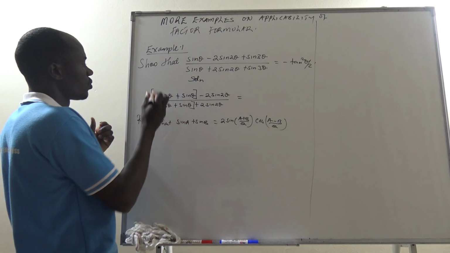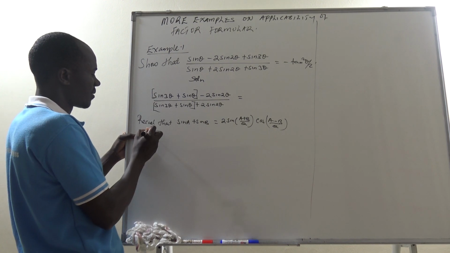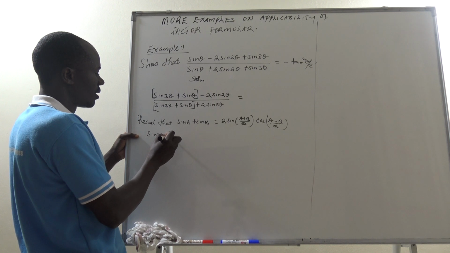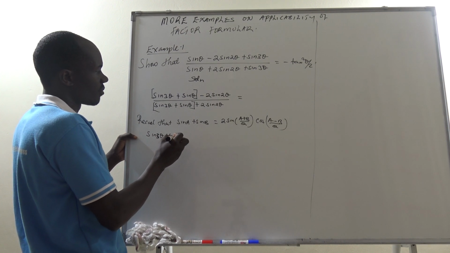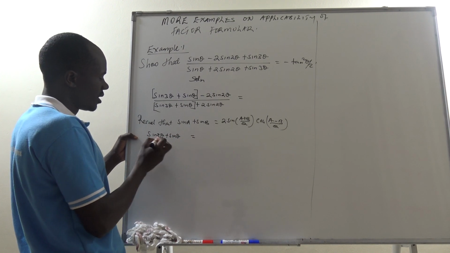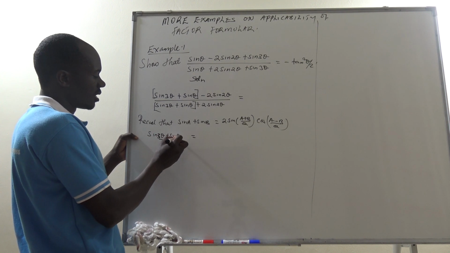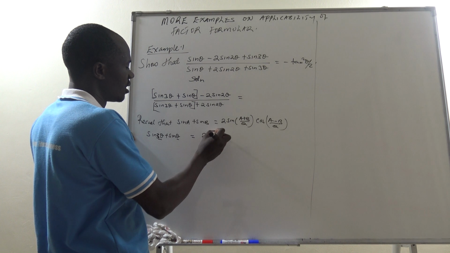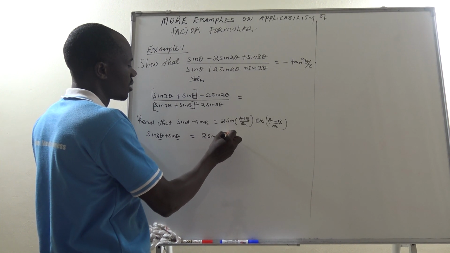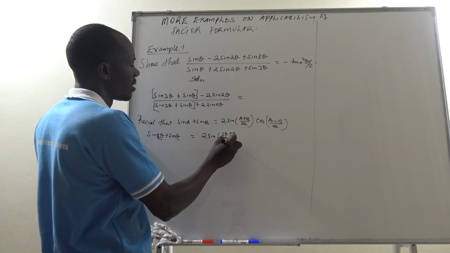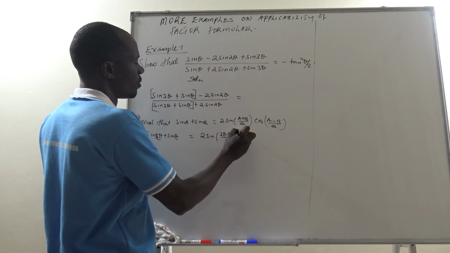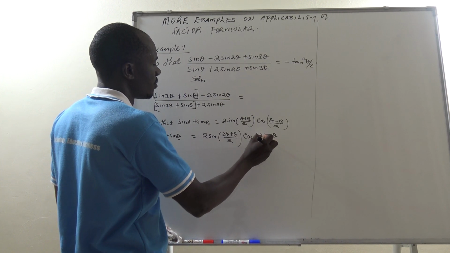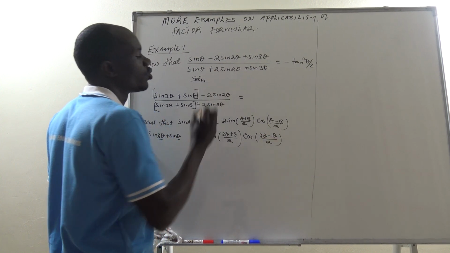Now sin 3 theta plus sin theta, this is like A, this is our B. So we have 2 sin of (3 theta plus theta) by 2, then cos of (3 theta minus theta) by 2.